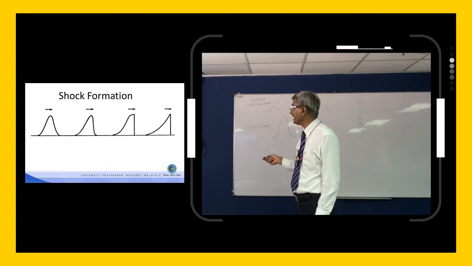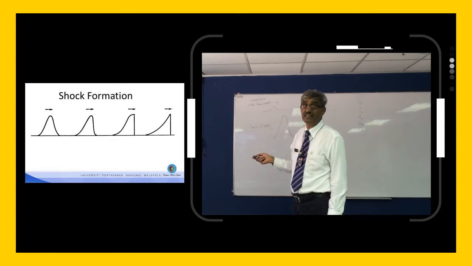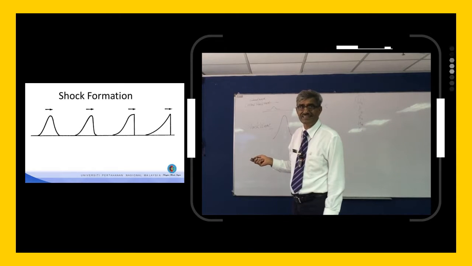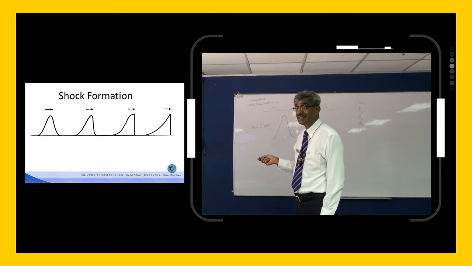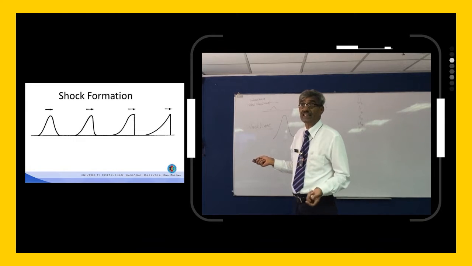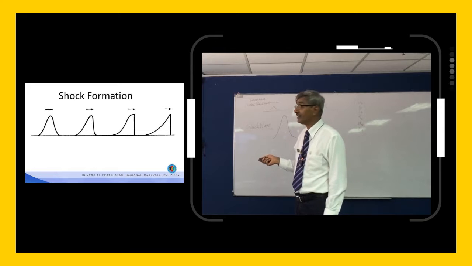Now the question is why that is happening. The compression done in this zone is work done on the neighboring material. Now that work requires energy. Somebody had to supply the energy. So either the energy is supplied from the external world, or this poor shock has to consume what it has in its pocket.